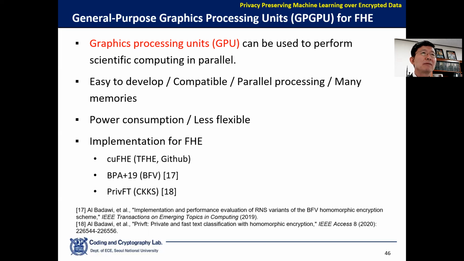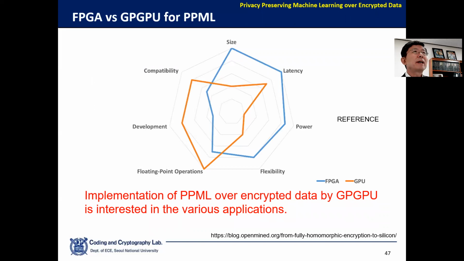So implementations for FHE are cuFHE, BPA plus 19, and Prevu FT for CKKS. Here is the comparison of FPGA and GPGPU implementation for PPML. So implementation of PPML over encrypted data by GPGPU is of interest in various applications.